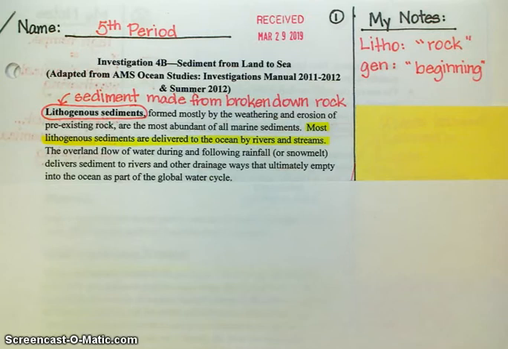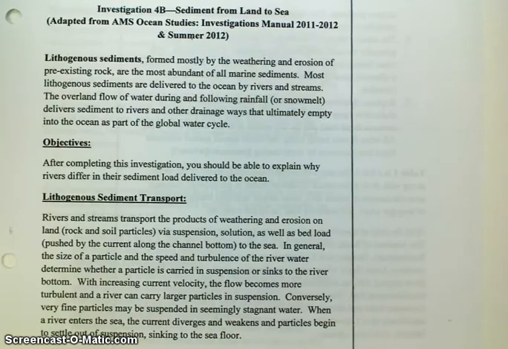Okay, other than the fact that mine has a stamp on it that says received and 5th period, yours should now have that one sentence highlighted, and you should have circled lithogenous sediments and written down that it's sediment made from broken down rock, and that litho means rock and gen means beginning. Also, remember that there is something that you should have drawn out to the side of lithogenous sediment. All right, we're going to go on to the next couple of paragraphs.